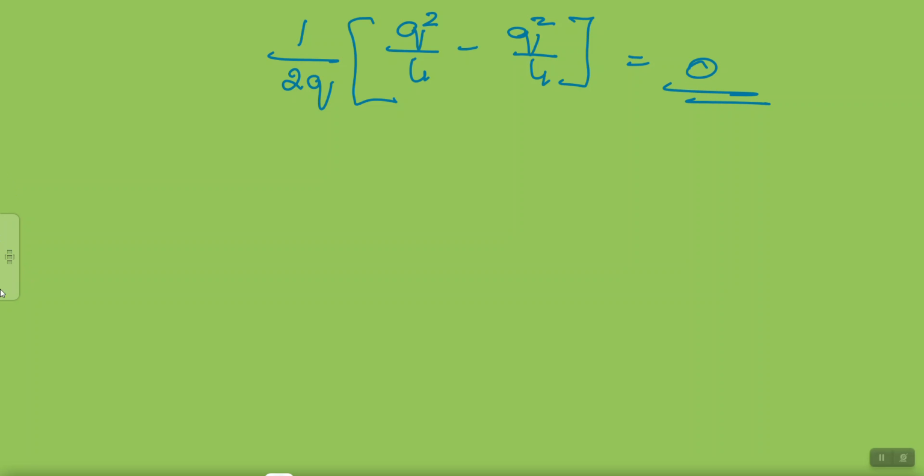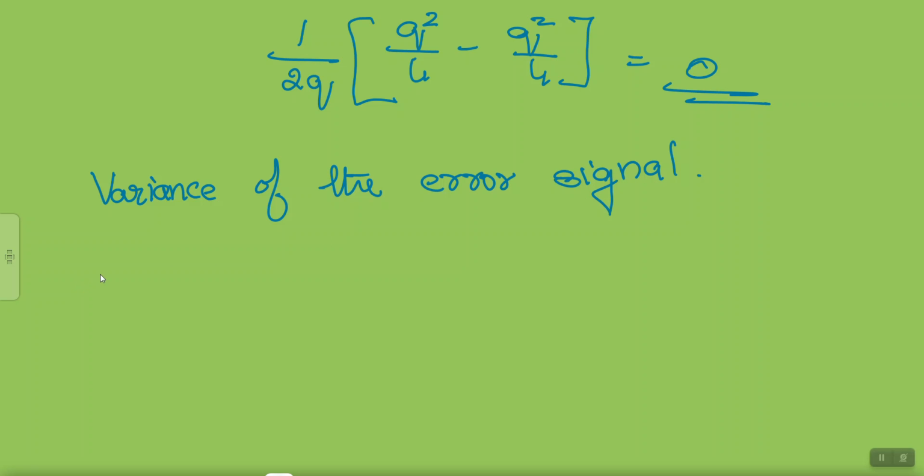So the variance of the error signal, denoted by sigma e square, is equal to the expectation of e square minus the square of the expectation of e.